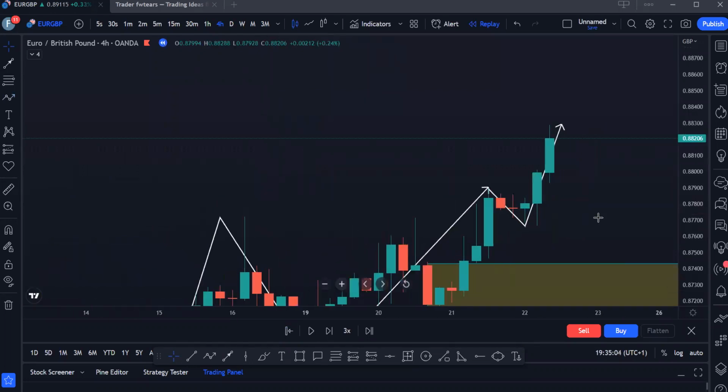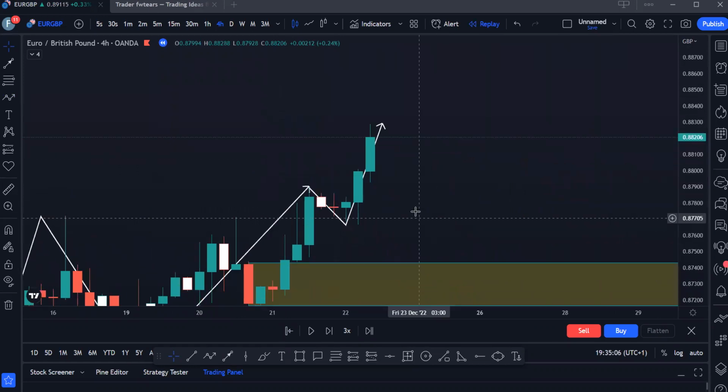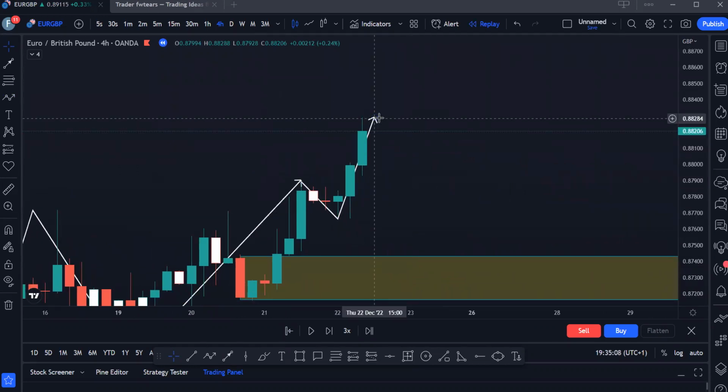So when price did this, gave us a higher high, this is an uptrend. Like I said, when you see that price is giving you a higher high, of course, it is an uptrend. You don't want to buy over here. You want to wait for a correction. So that correction, you want it to align with the support.